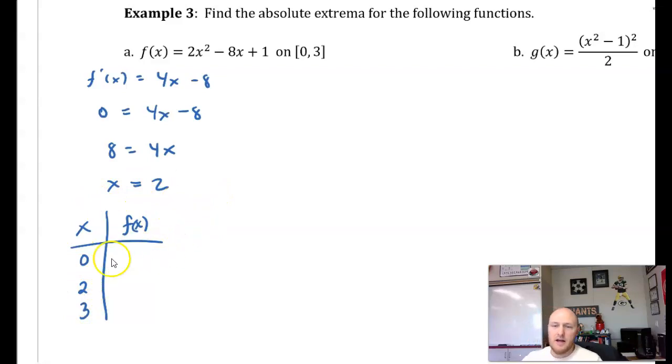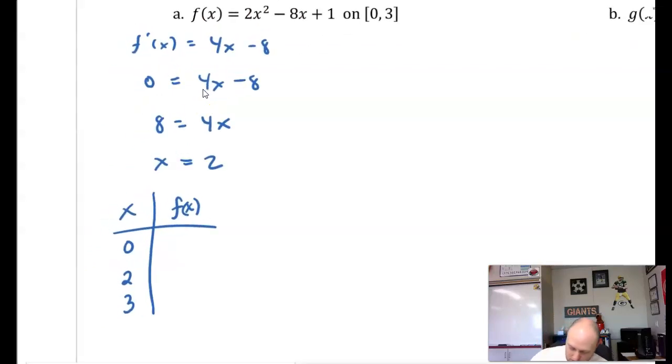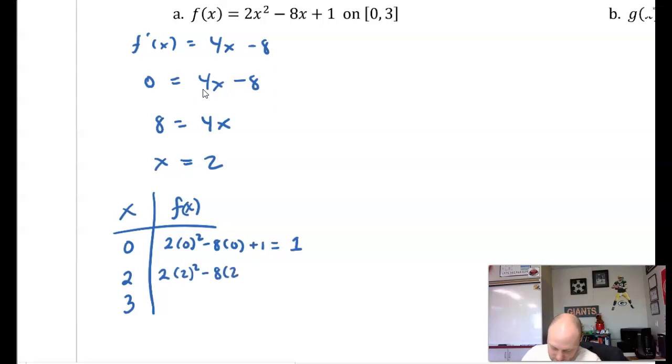Okay, so I need to test these because absolute values can occur at endpoints. I'm going to plug these directly into my function here. So we have f of 0, that's 2 times 0 squared minus 8 times 0 plus 1, which gives us 1. Now I'm going to plug in 2. 2 times 2 squared minus 8 times 2 plus 1, which gives us 8 minus 16 plus 1.